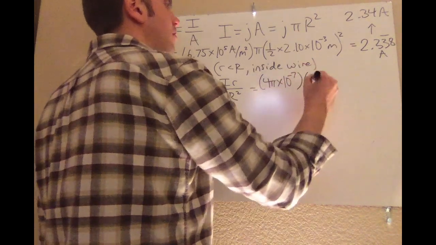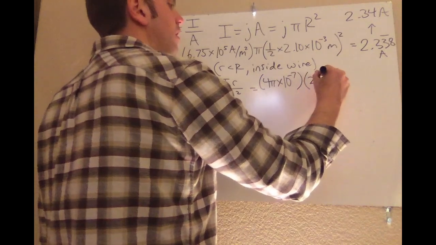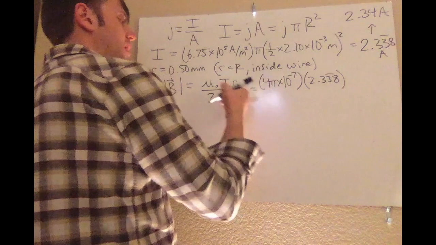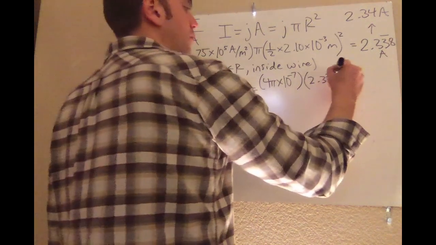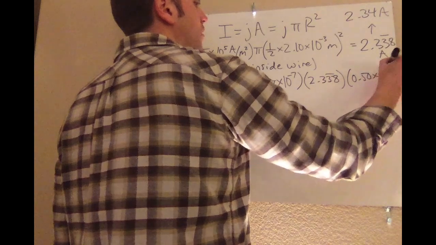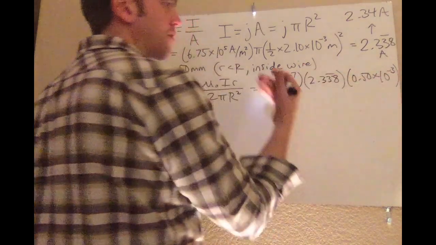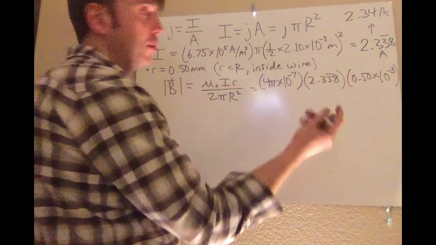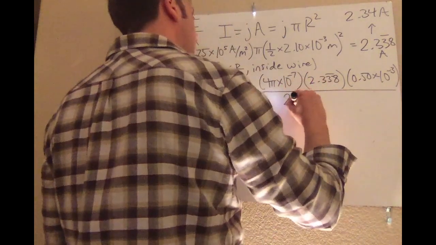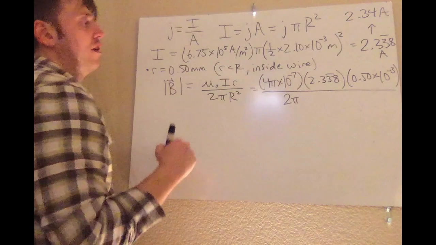And for the current, we have 2.338. Okay, for the distance from the center, we have 0.5 millimeters, 0.5 10 to the minus 3 meters. I'm leaving off the units here just because I'm running out of space. And then we'll divide that by 2 pi times the radius of the wire squared.